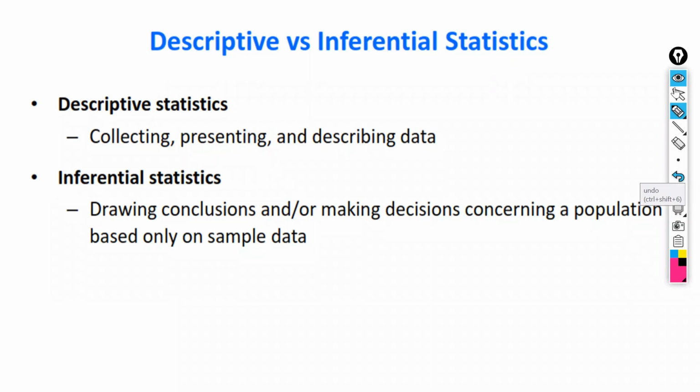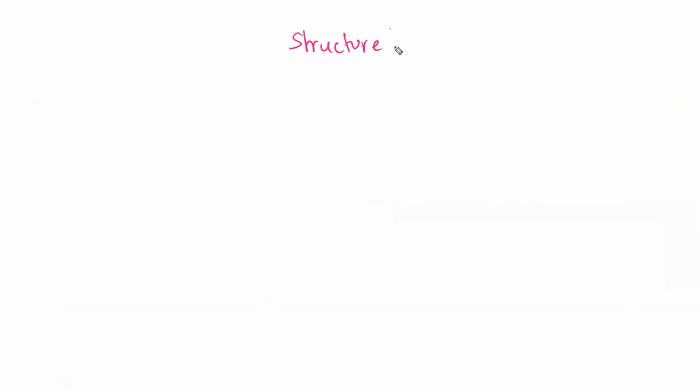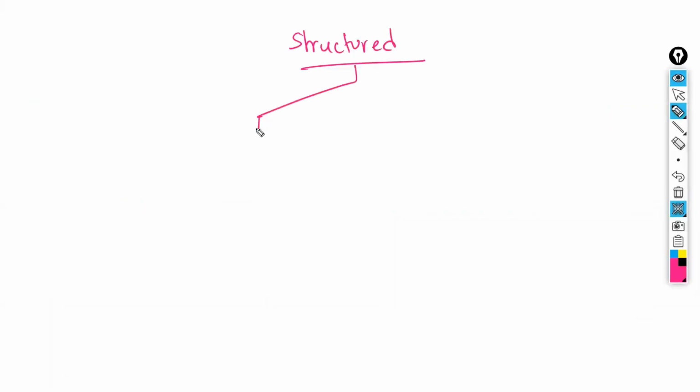Now, presenting: we have different types of data. We have already seen that any structured data is of one of two kinds: cross-sectional data and time series data.